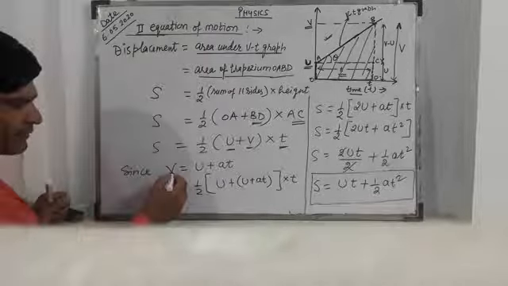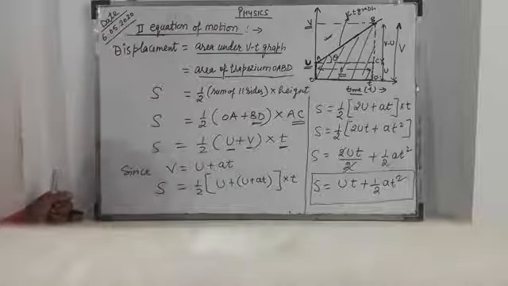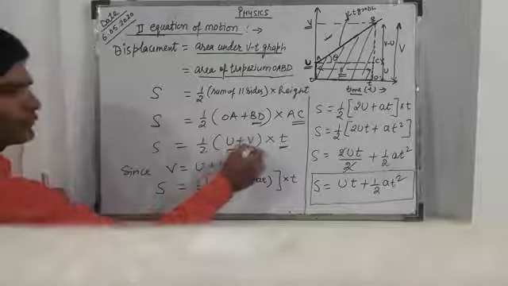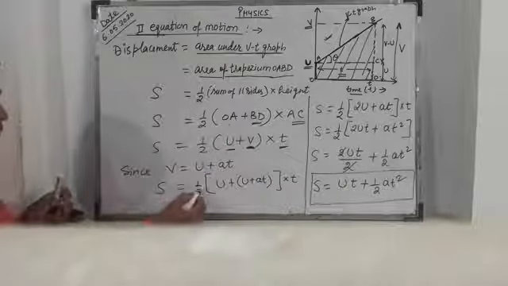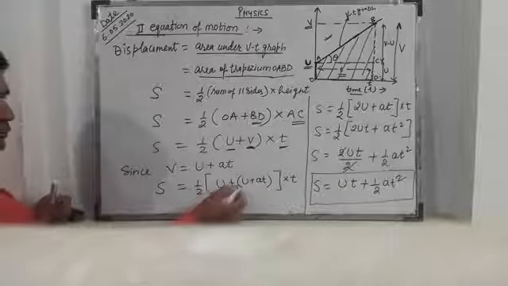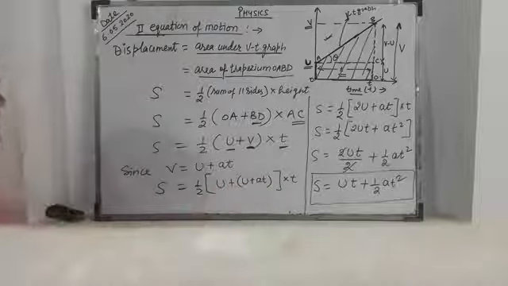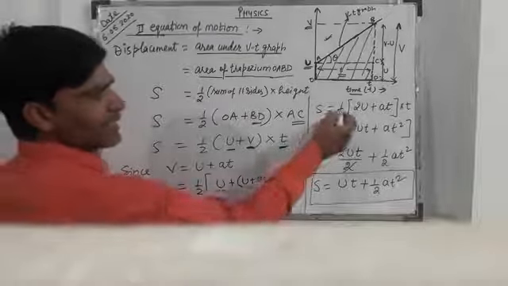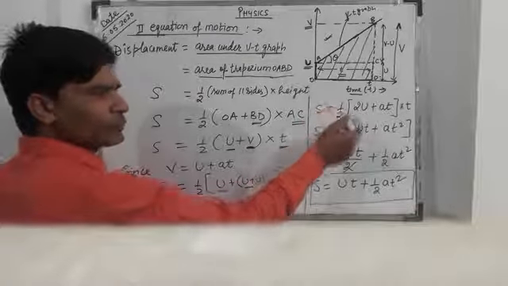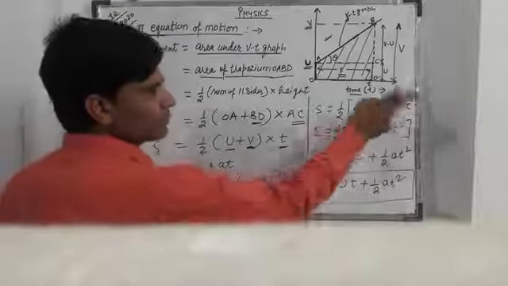From the first equation of motion, v is equal to u plus at. So put the value of v. Then we get s is equal to 1 upon 2 into (u plus u plus at) into t, that is, s is equal to 1 upon 2 into (2u plus at) into t.